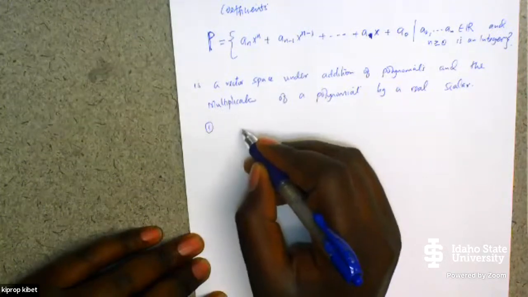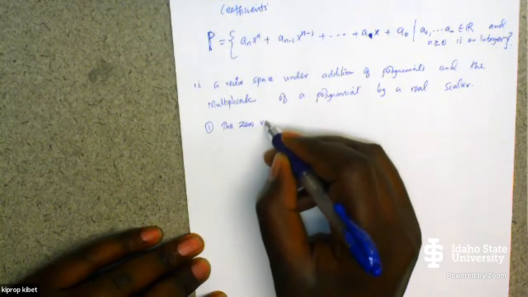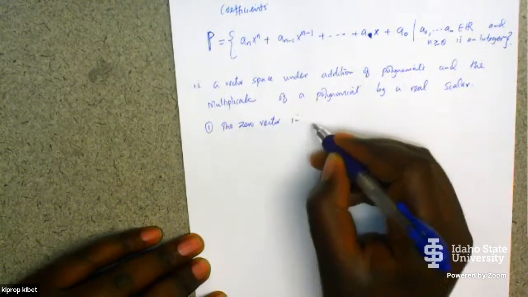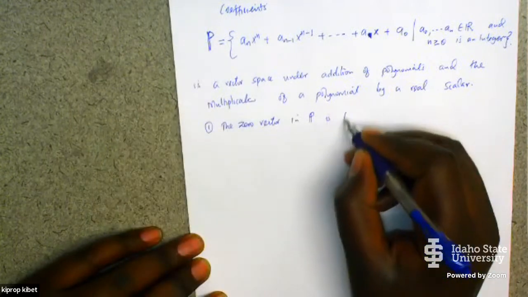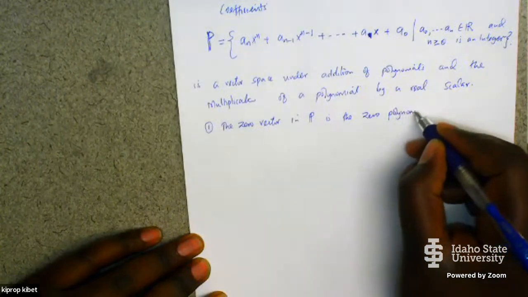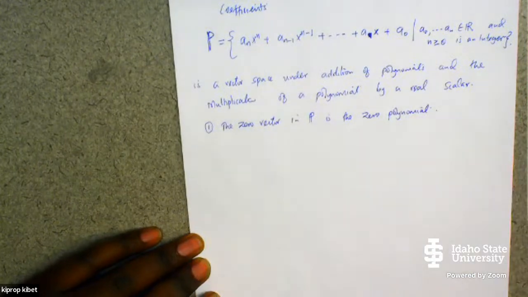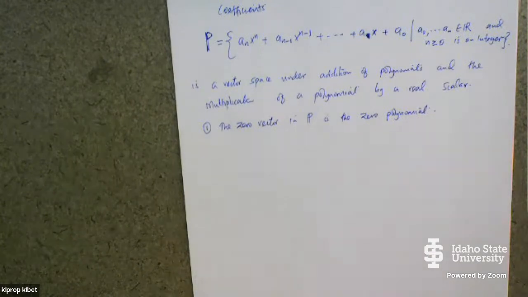Like what we had for the 0 vector, let's say the 0 vector in P is the 0 polynomial. This 0 polynomial has coefficients of 0. So the coefficients are 0.